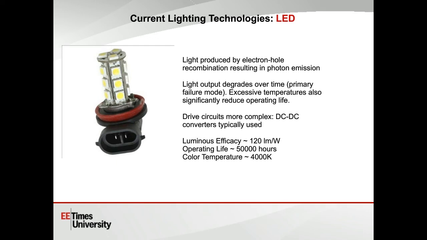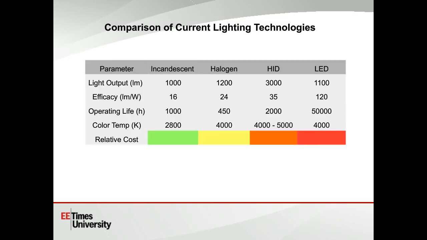So if we start looking at these technologies and comparing them, this is how they stack up. As I said, you can see that incandescent lights are the cheapest to manufacture, but lowest efficiency. Conversely, LEDs are the most expensive, but have tremendous advantages in terms of operating life and light output efficiency.